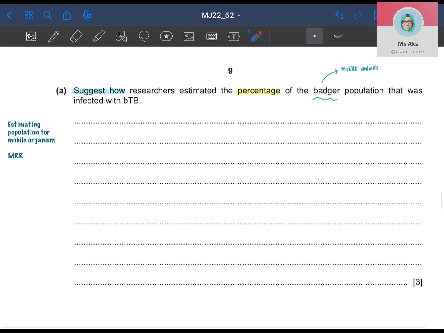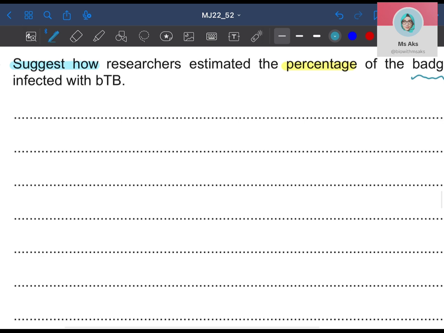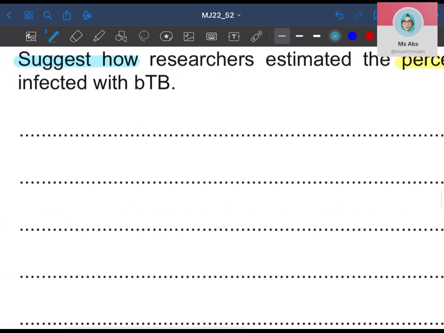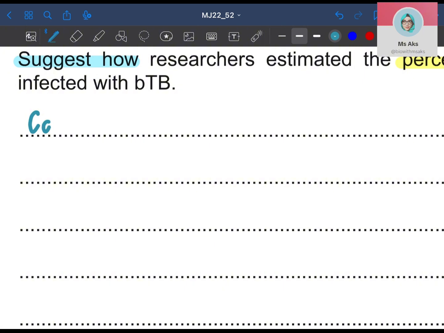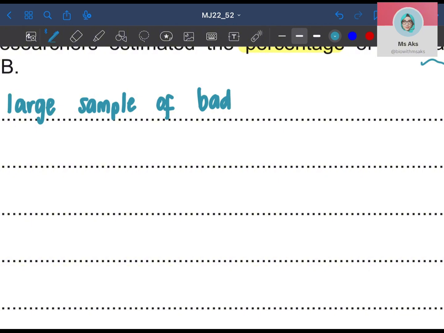So you can start off by describing first the idea that we need to be capturing a large sample from that area, large samples of badgers.